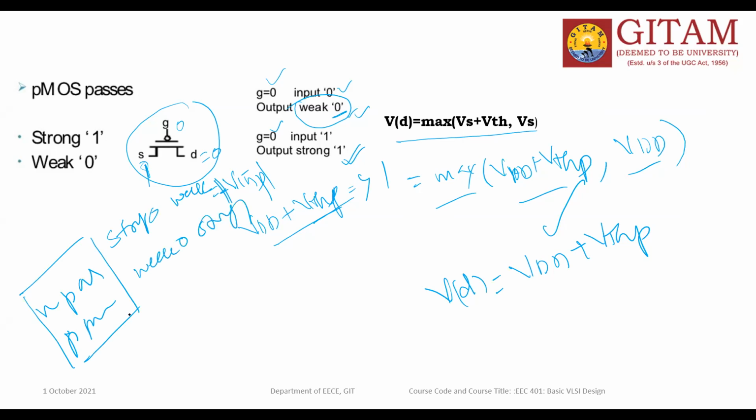To avoid these drawbacks, weak 1 in the NMOS and weak 0 in the PMOS, we go to the transmission gate or complementary switches. In this, the weak 1 and weak 0 can be avoided.